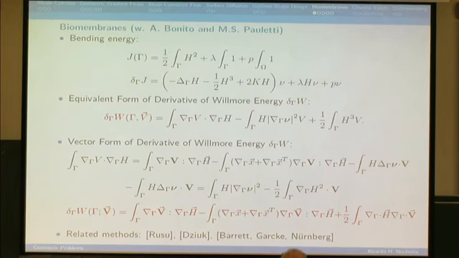Let me just say that the final method that we implemented has to do with the Dirichlet form, a modification of the Dirichlet form through a projection, and divergence. So it's all first order, as you see. Nothing has to do with second order derivatives. It's easy to implement in a finite element context. And it gets around the fact that here there is an object that is fully nonlinear. Related methods are written here, and particularly I want to mention this, which is quite efficient, by Barrett, Garcke, and Nürnberg.